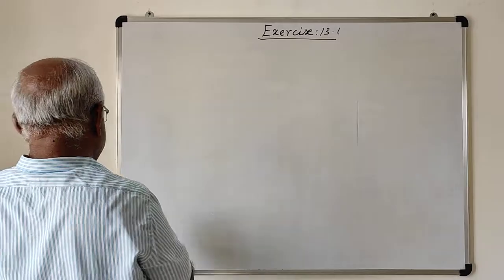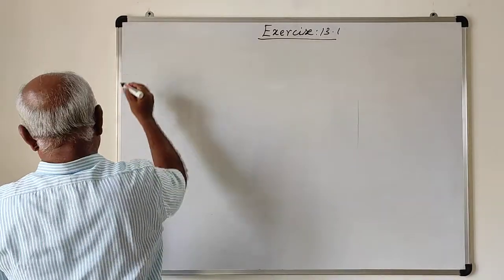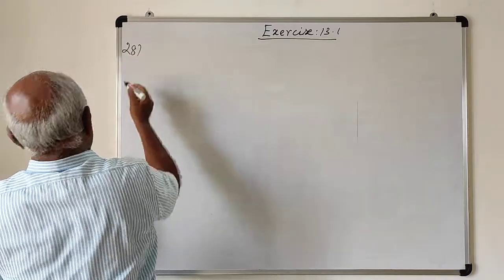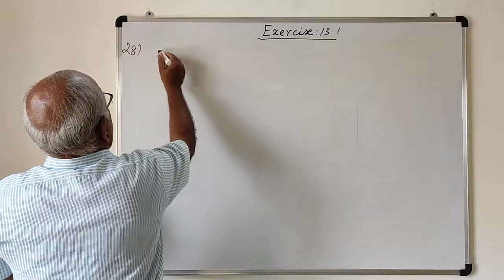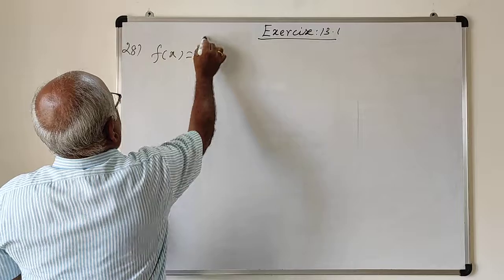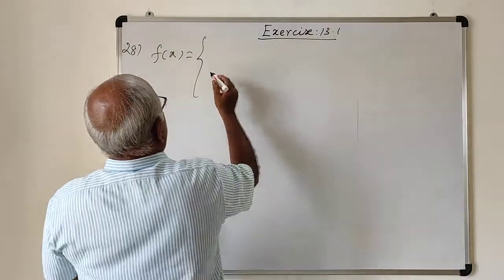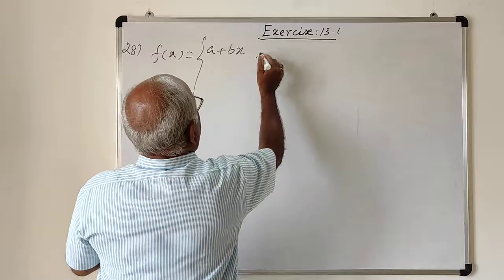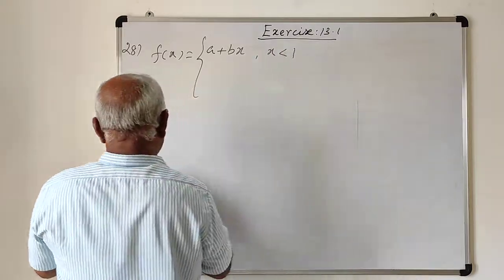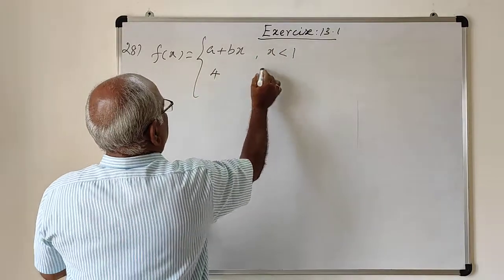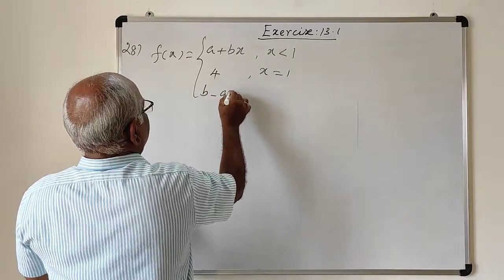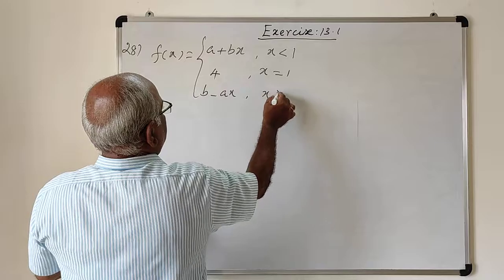Next, problem 28. F of x is defined by a plus bx if x is less than 1, 4 if x equal to 1, b minus ax if x is greater than 1.